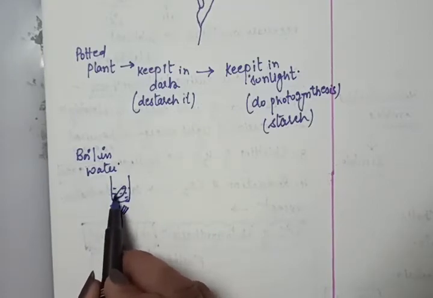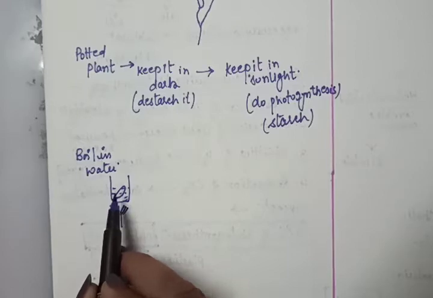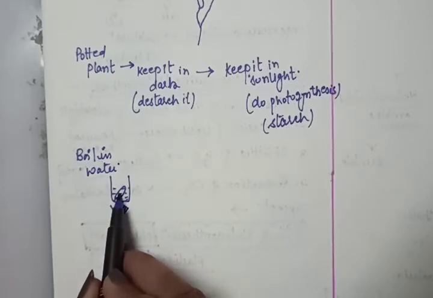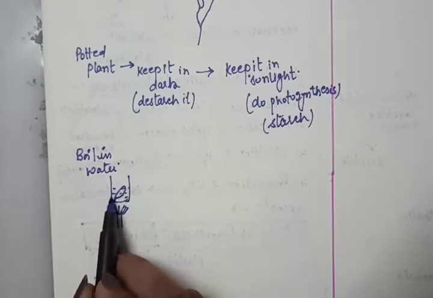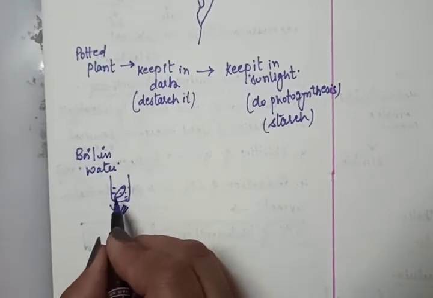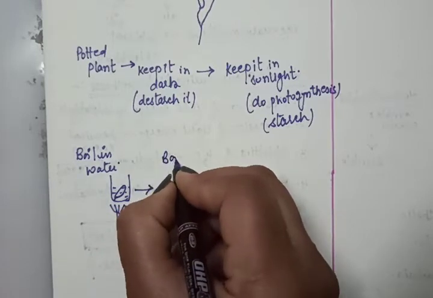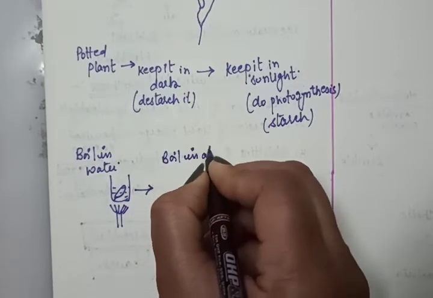So that the covering of the leaf gets moistened or breaks down, so that the iodine solution easily gets into the leaf, so that all the tissues and membranes of the leaf get ruptured. The second point, boil in alcohol.